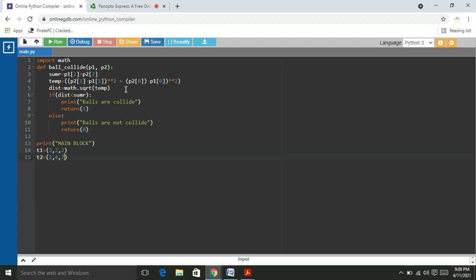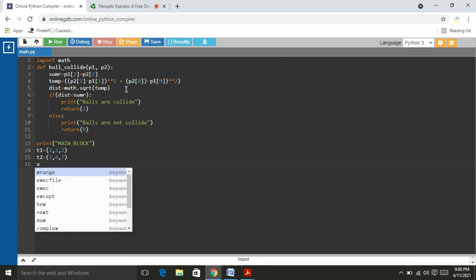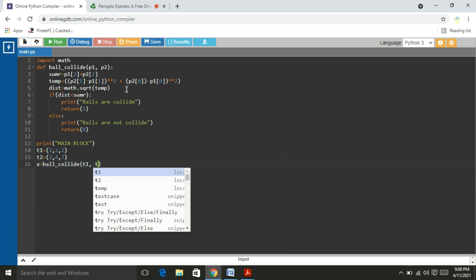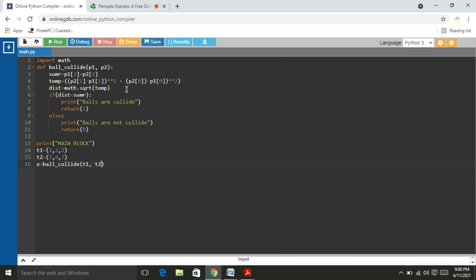Now I call the function ball collide, and because I return the value, the return value will be stored in another variable x. X equal to ball underscore collide. I will send the two tuples t1 comma t2 as the actual arguments to the ball collide function.